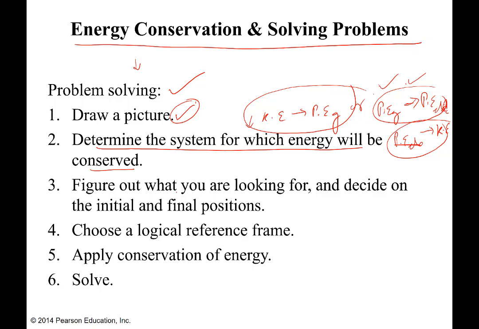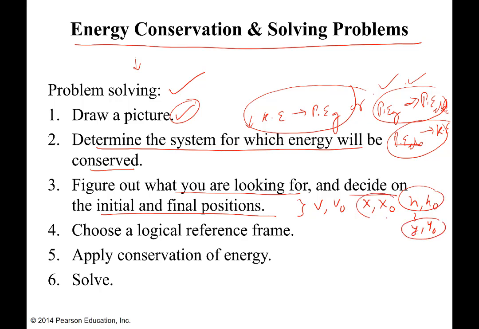Figure out what you're looking for and decide on the initial and final positions. We will continue to use v as final, v naught as initial, x as final and x naught as initial, h as final and h naught as initial. You're free to use y and y naught as well. As long as you know what the symbols mean, I really don't care whether you write x1 or x2.